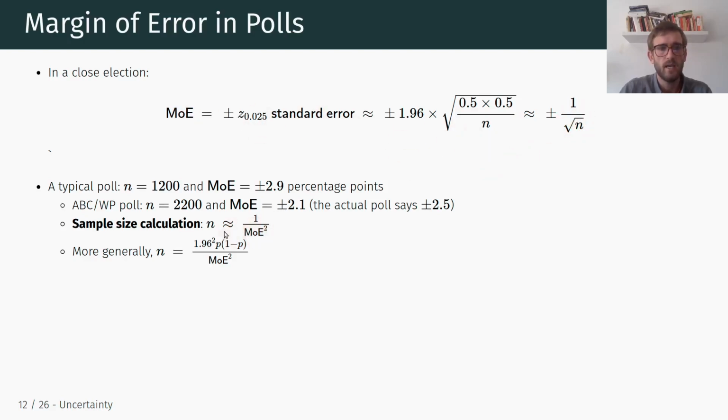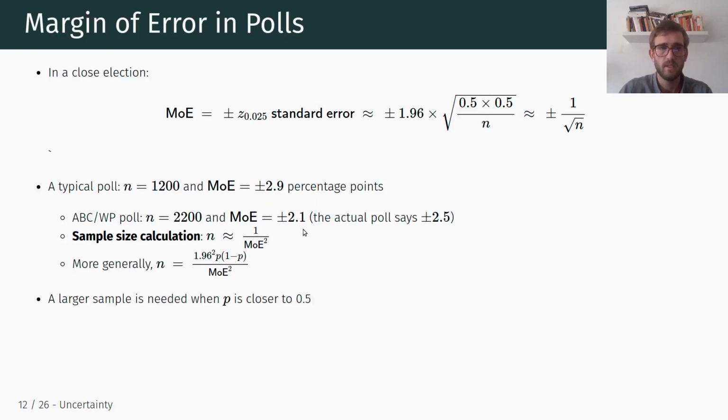Then our approximate sample size is 1 divided by the margin of error squared for close elections. For any type of election, rather than just assuming 0.5, we can plug in p times 1 minus p.